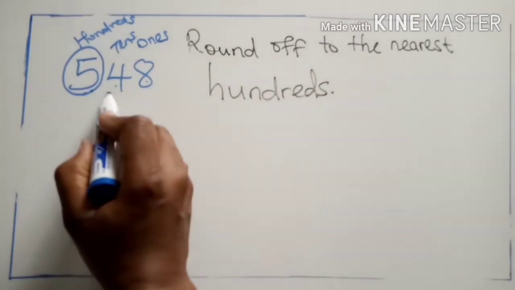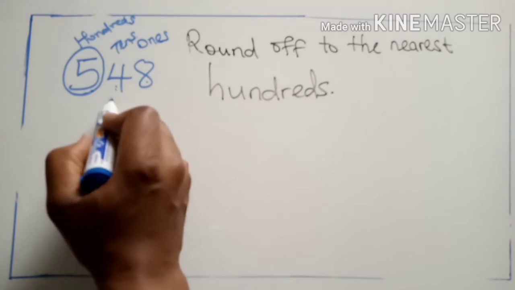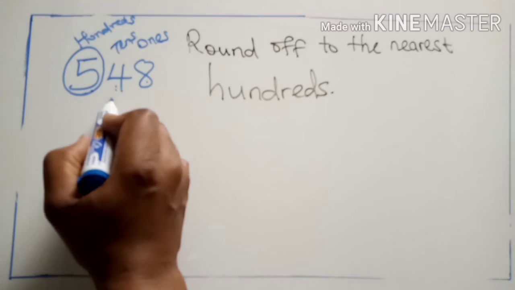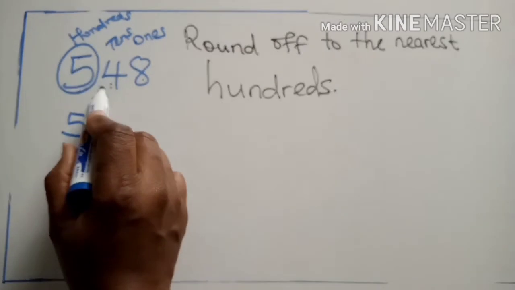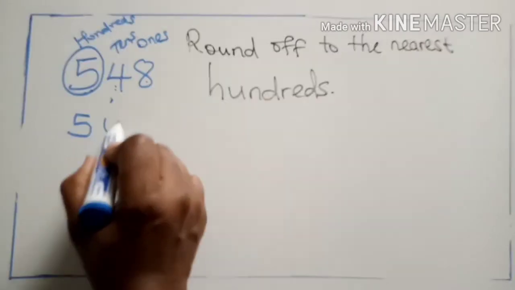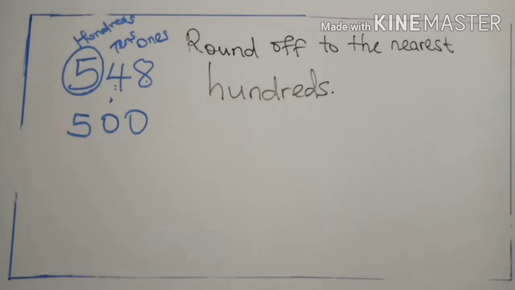So we look at the number to the right, which is already less than 5. So we will round down. Rounding down means we have 5, and then the numbers that are after the 5 are converted to zeros. So 548 to the nearest hundreds is 500.